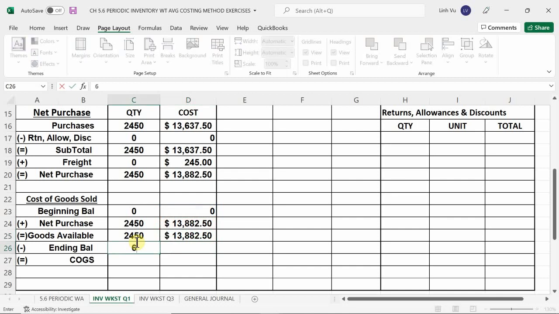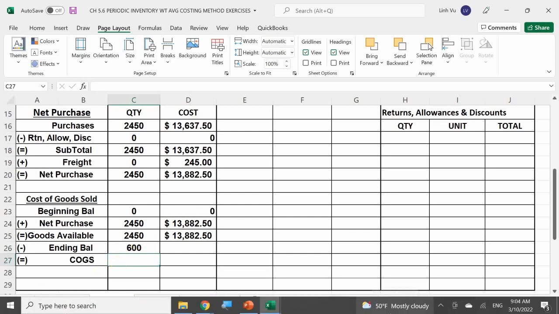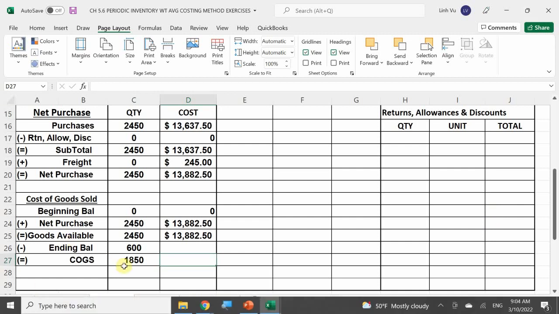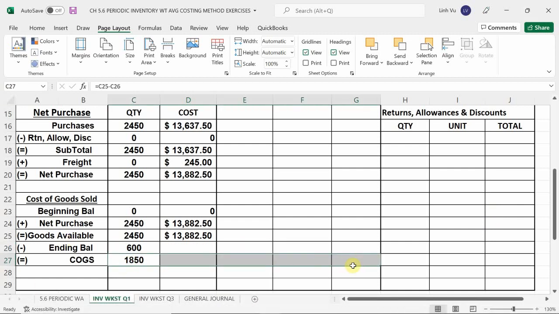Okay. So, of course, we were given that there were 600 units left on hand. So if I started out with 2,450 and I have 600 left, my assumption is I must have sold how many units? 1,850. We sold 1,850.